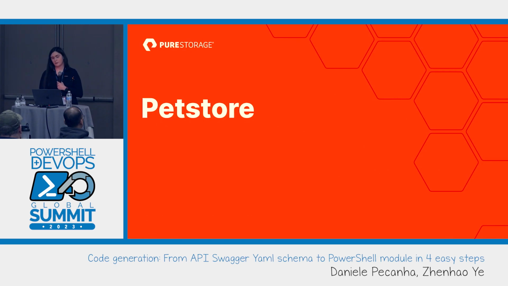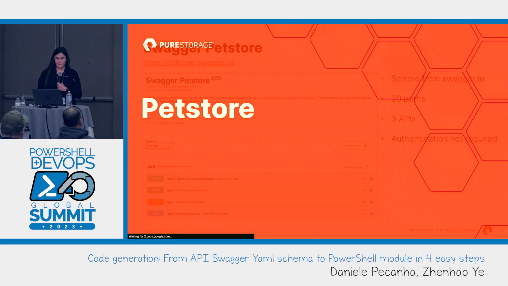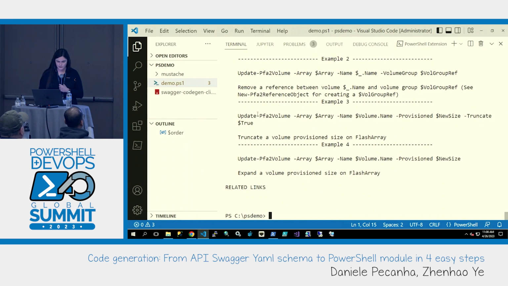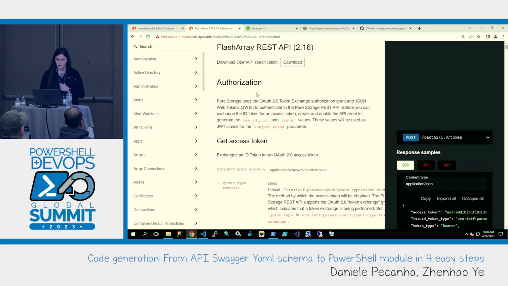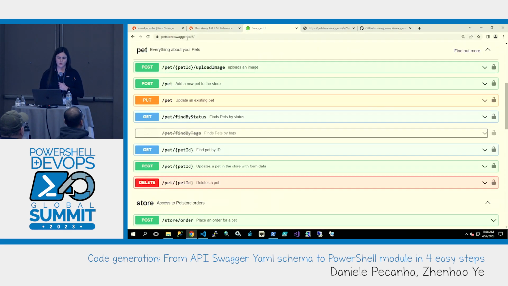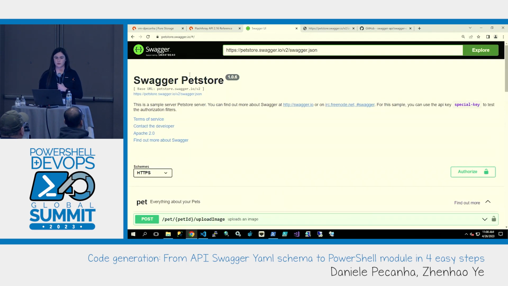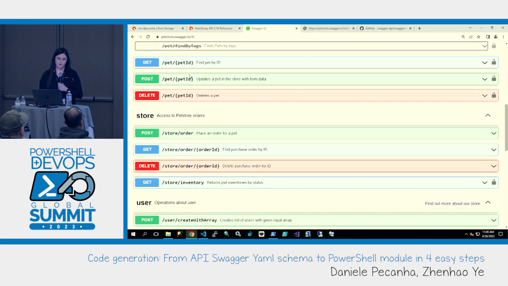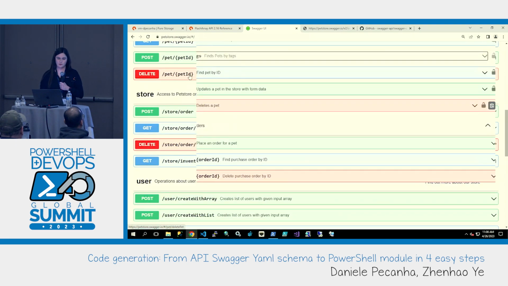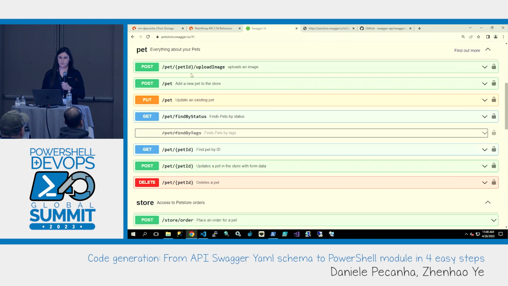Okay, so our sample example, the Pet Store. The Pet Store is actually an example from the Swagger team as well. You can go to the website, petstore.swagger.io. It has a similar page to what you saw for the documentation of the Pure Storage REST client. It has all the operations you can do. It's basically a simple pet store. So you have your pet operations. You can add a pet, delete a pet.